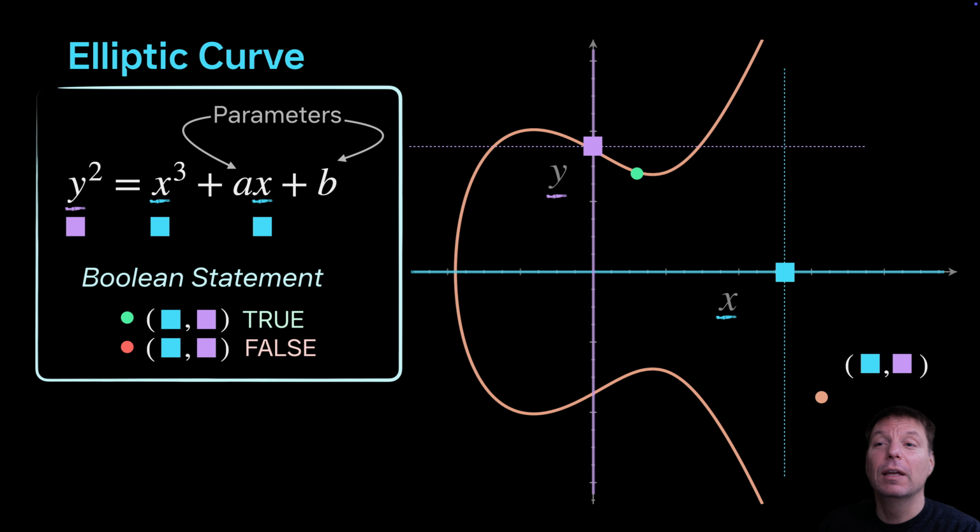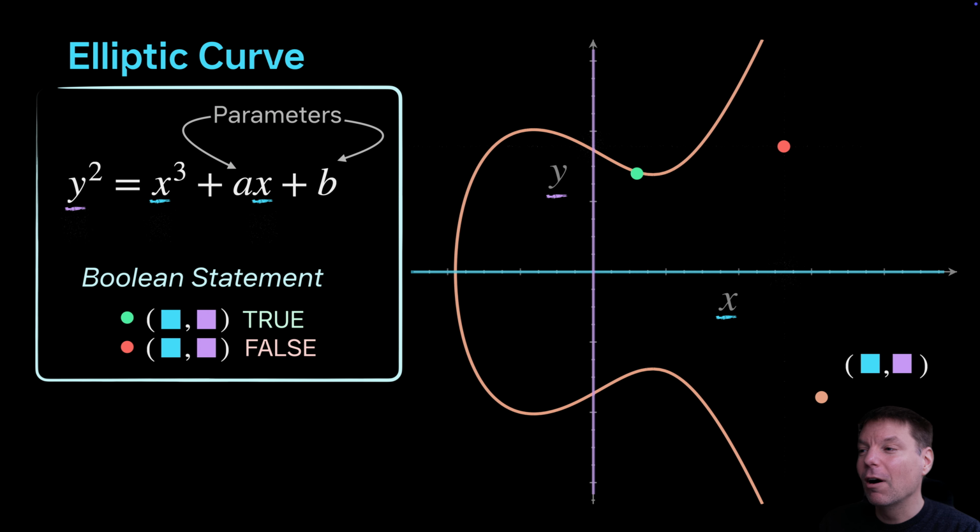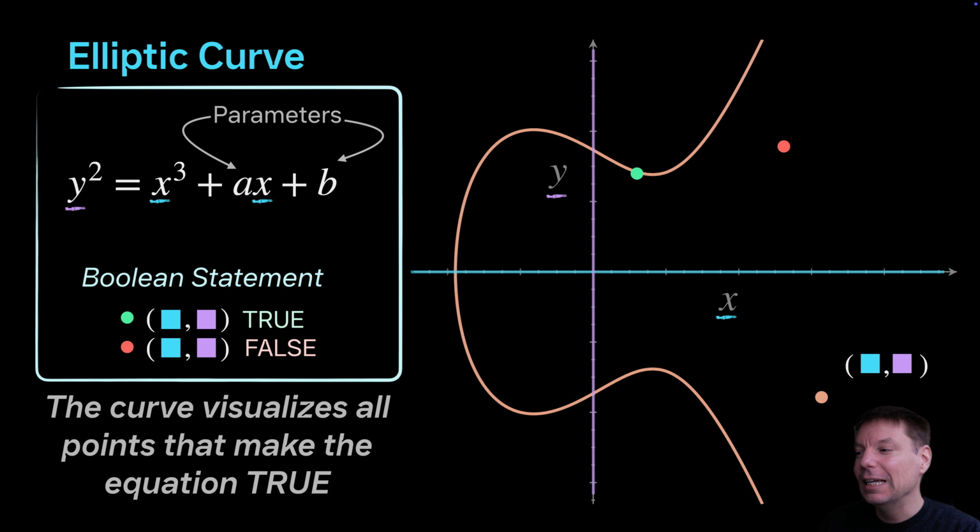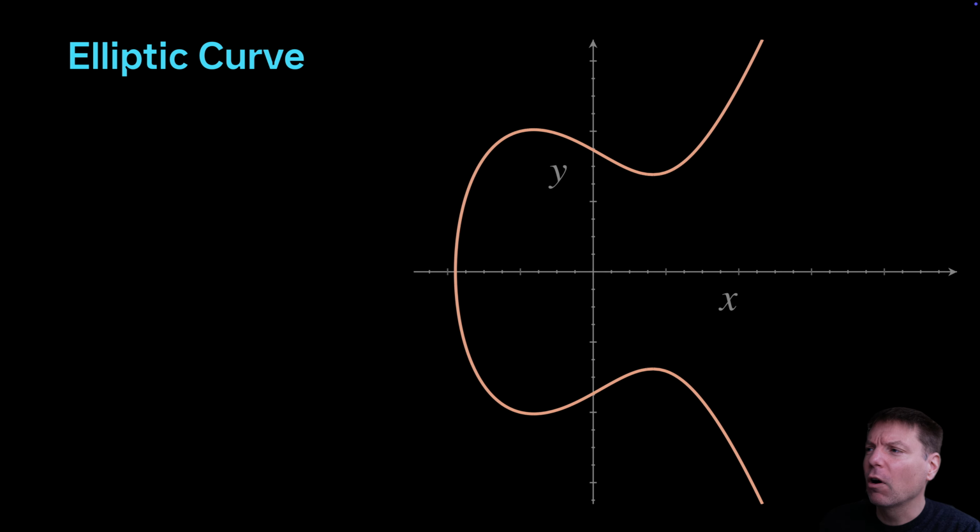And together, they describe the location of this point in the plane. And since it gives us an equation that's false, this point is not on the curve. What I'm really trying to get at here is that this curve is visualizing all the points that make this equation true.